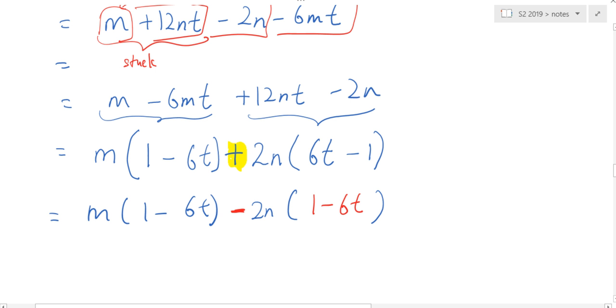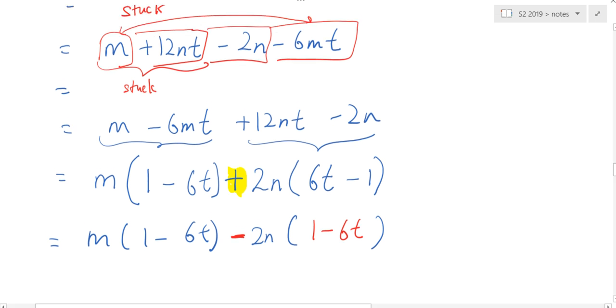Number one, I do an illegal swap. Why do I say illegal swap? Because too high, I cannot reach. Over here, this is 6t plus. After swapping, it becomes minus 6t. This was minus 1. After swapping, I get plus 1. So my question is, what must I do to compensate it? I will put a minus here.